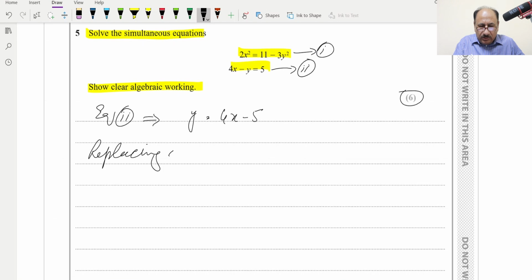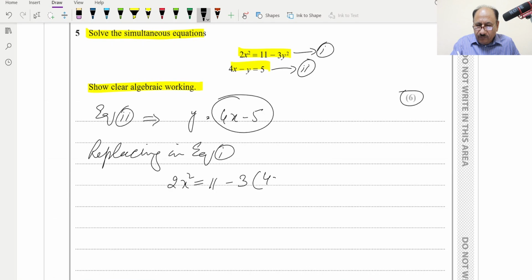Replacing in equation 1, what we will get? We will get 2x squared as it is equal to 11 minus 3 into y squared, and y value will be 4x minus 5, and this one we will take square.